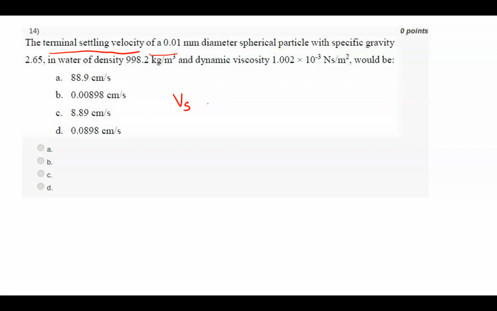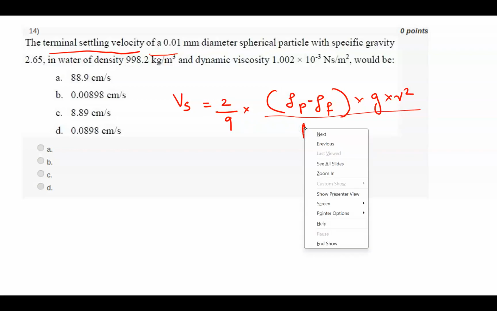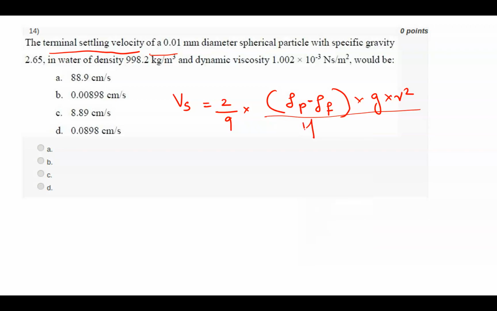Terminal settling velocity is equal to 2 by 9 into the density of the particle minus the density of the fluid, into gravity, into r square, the radius, divided by the dynamic viscosity.